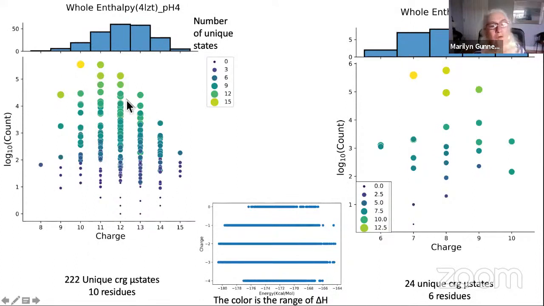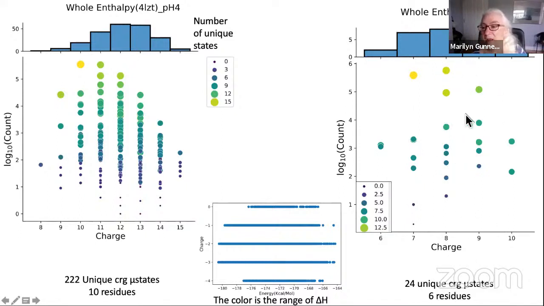So at pH 4, where all the asps and glus are titrating, we certainly see more occupied microstates. At pH 7, where there's only a few groups in lysozyme that are titrating, we only see 20 odd that are titrating.